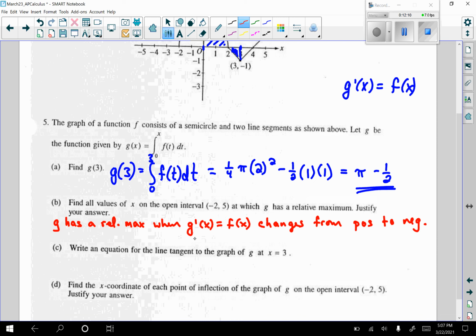Because when g prime of x changes from positive to negative, that means g is changing from increasing to decreasing, hence we would end up with a relative max.